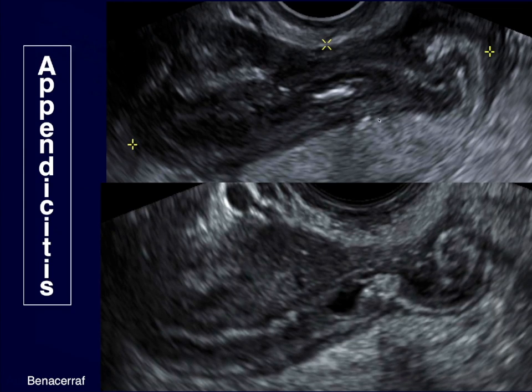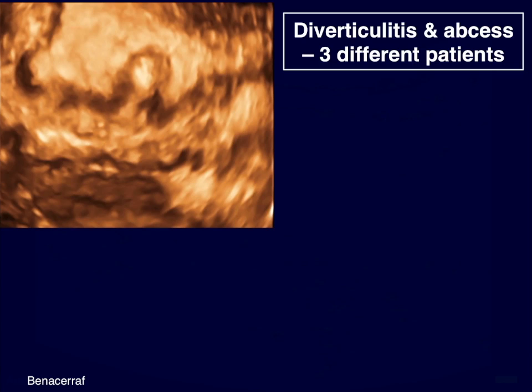But the key here is the echogenicity of the fat right here. Very, very echogenic, and you can see that is different from what we usually see in ovarian and uterine lesions. This is the fat surrounding bowel, which when it becomes inflamed has that very echogenic sort of cotton candy appearance to it. Now here's diverticulitis.